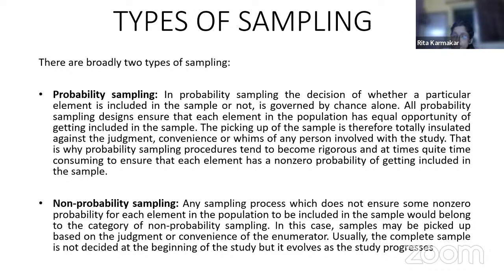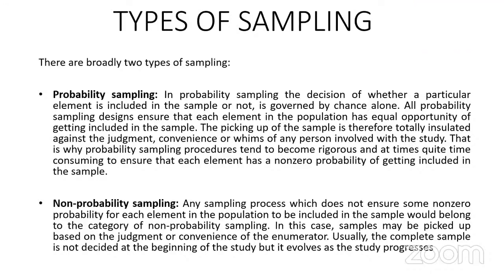Now, the basic concept of probability sampling, who can tell me? Without looking at the slide, maybe you can say something better than what is there in the slide. So don't rely on the slides much. What is the basic feature of probability sampling?